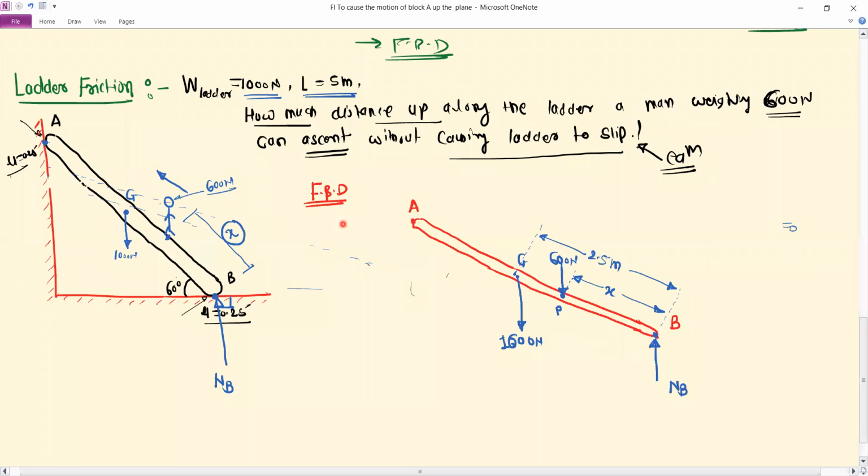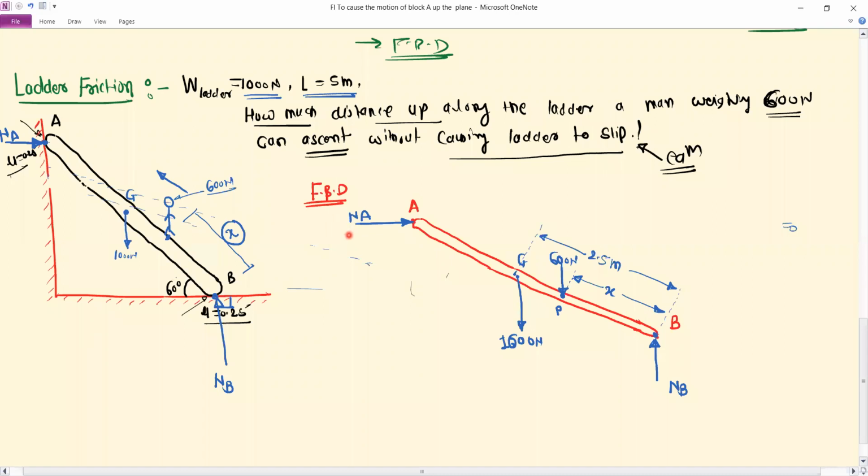Next, at point A, the vertical wall will offer the normal reaction on the ladder. This is NA, which is exactly horizontal at point A. So here we have shown all the forces.